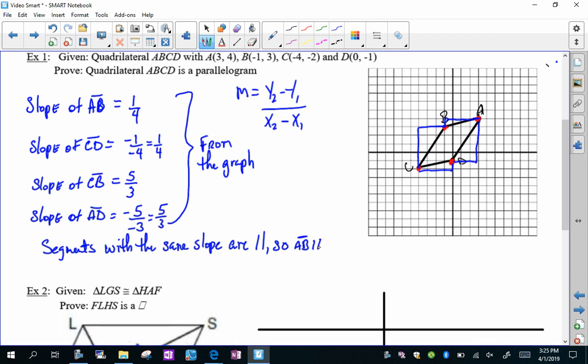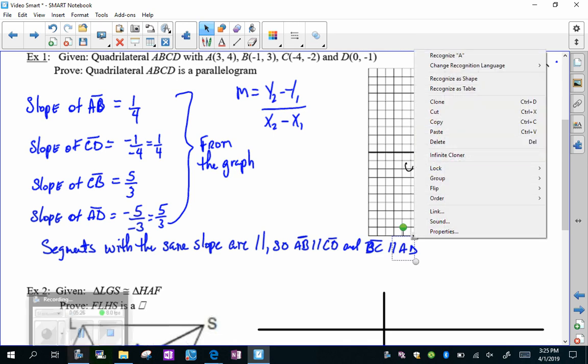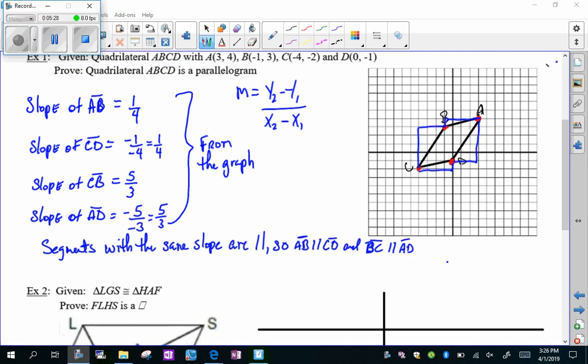So AB is parallel to CD, and BC is parallel to AD.